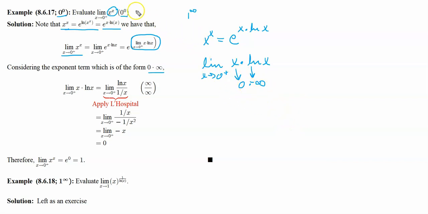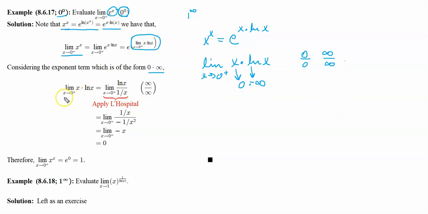This also shows us why 0 to the 0 power should be considered an indeterminate form, because we have shown algebraically that when we manipulate it, we get out a limit of the form 0 times infinity, which is also indeterminate. Now we need to evaluate this limit, so we need to put this limit in the form either 0 over 0 or infinity over infinity and apply L'Hopital's rule.